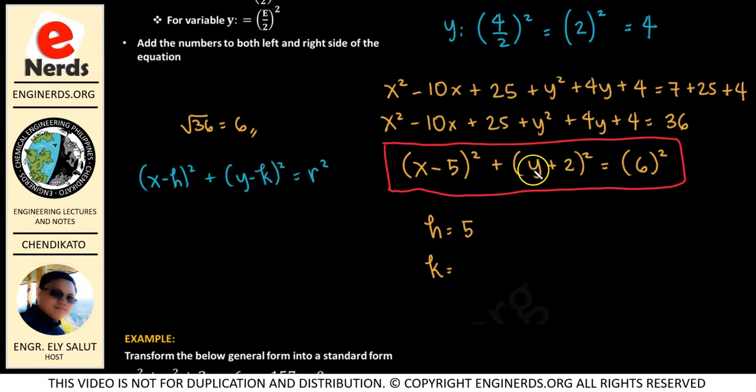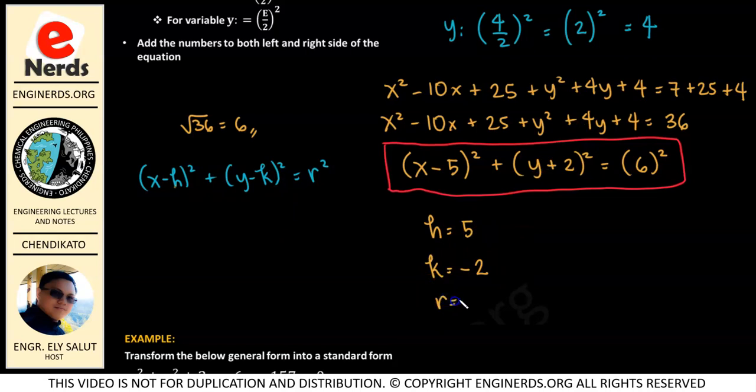But here we have y plus 2. Positive yung sign natin. So that means ang k natin will be a negative number. So that if we substitute that here, we will have a positive sign. So our k is not plus 2, but this is equal to negative 2. Okay? Para kapag sinubstitute natin dito, we will have positive 2, no? I'm going to show you that later on.